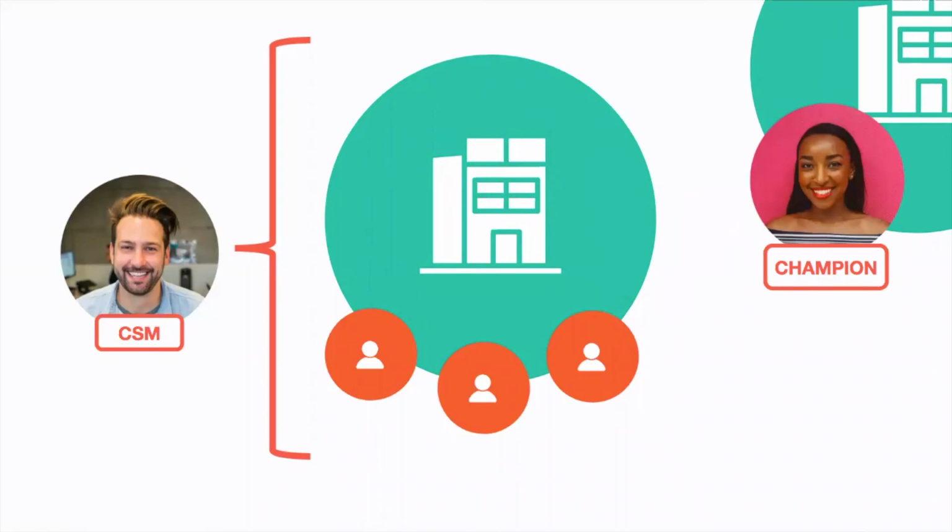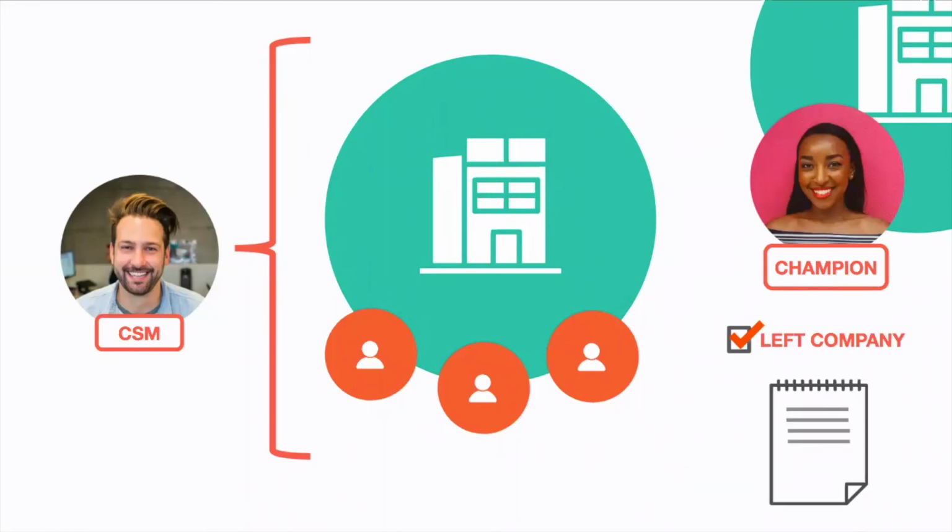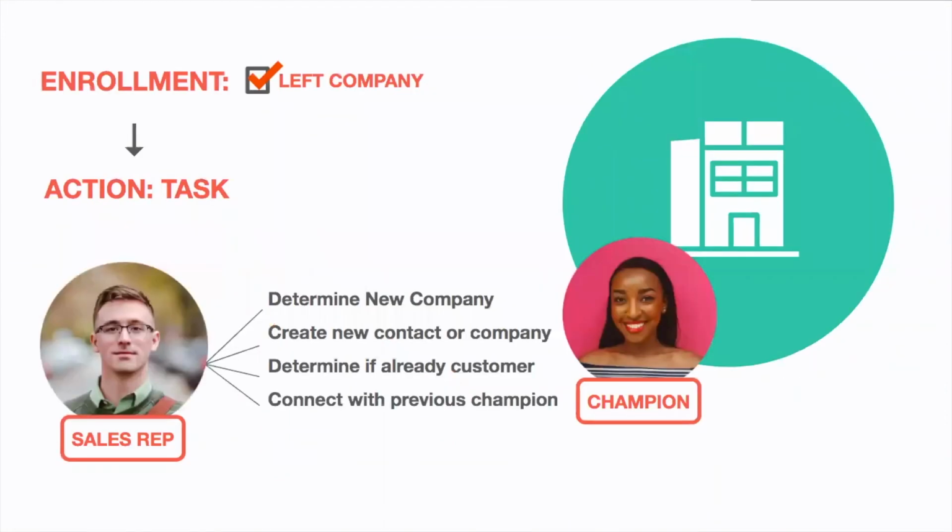So one workflow that we could put in place or automate is that "left company" property from the customers could be set up as a task to the sales rep.